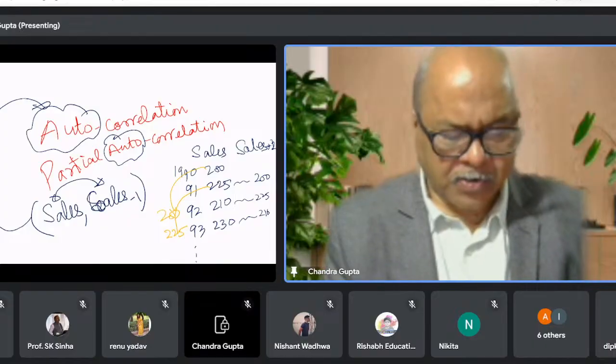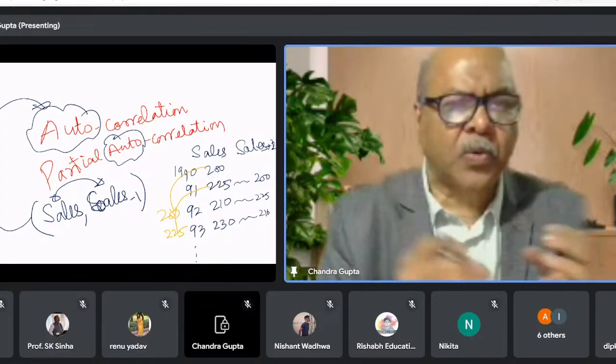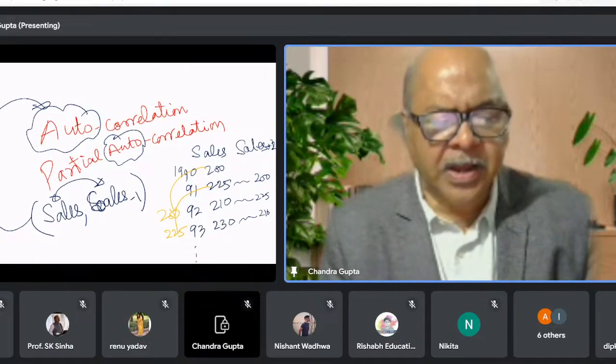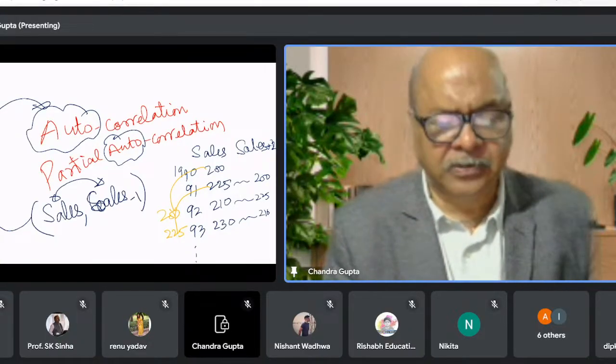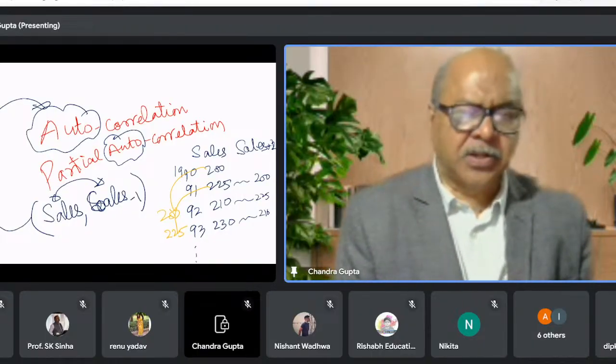Right? So how time series is correlated with each other over a period of time, that we can get an idea by looking at autocorrelation. Okay, then you have what is called partial autocorrelation.